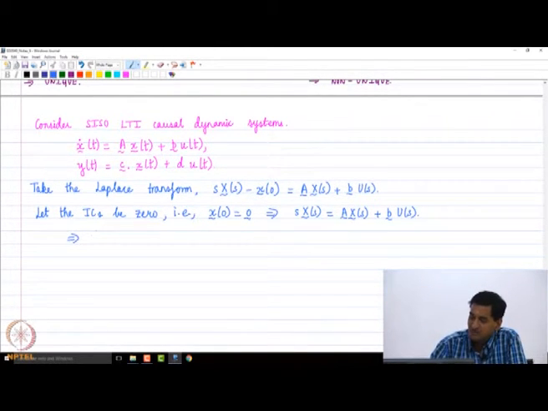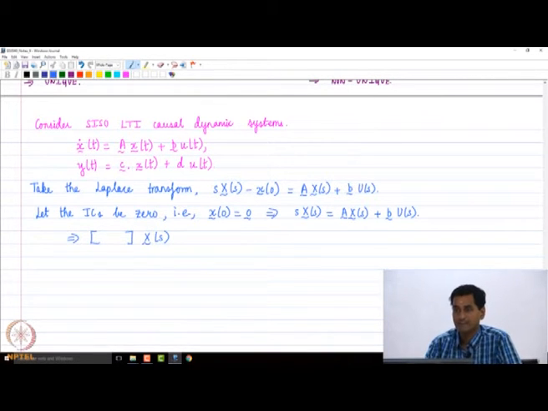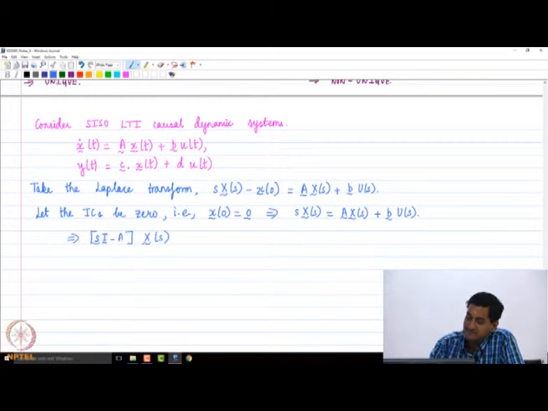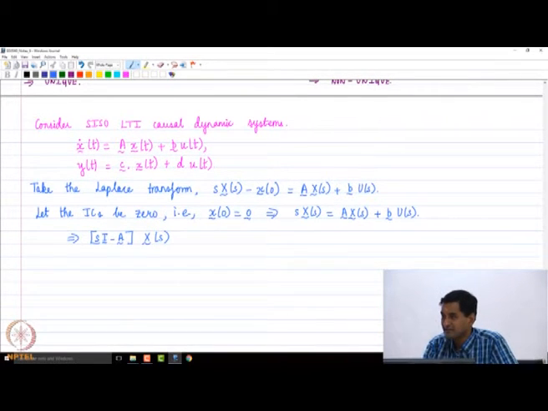So X of s is common. If I take both terms to the left hand side, what will multiply X of s? I will have sI minus A. I can't just write s minus A, because A is a matrix, so I need to write sI minus A, I being the identity matrix of dimension n.